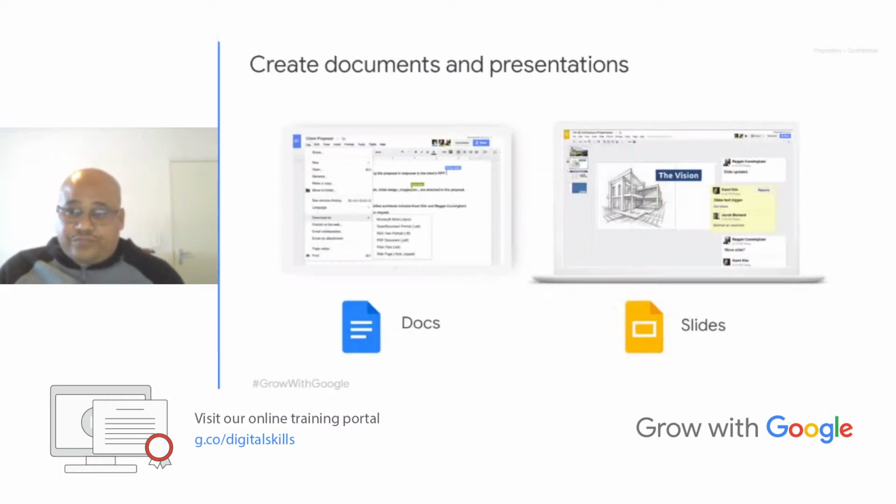Google Docs and Slides can be used to create documents and presentations. Google Docs is for word processing. You can create and edit text documents directly within your browser, so you don't need dedicated software.